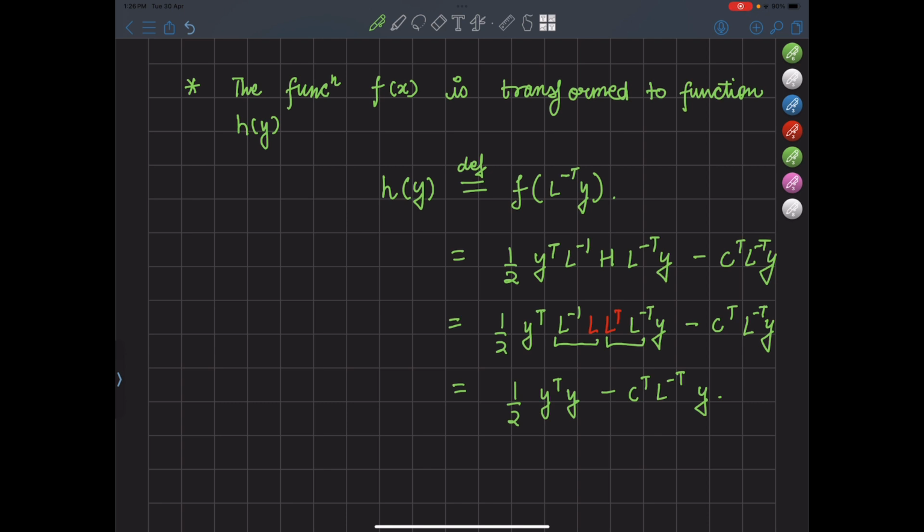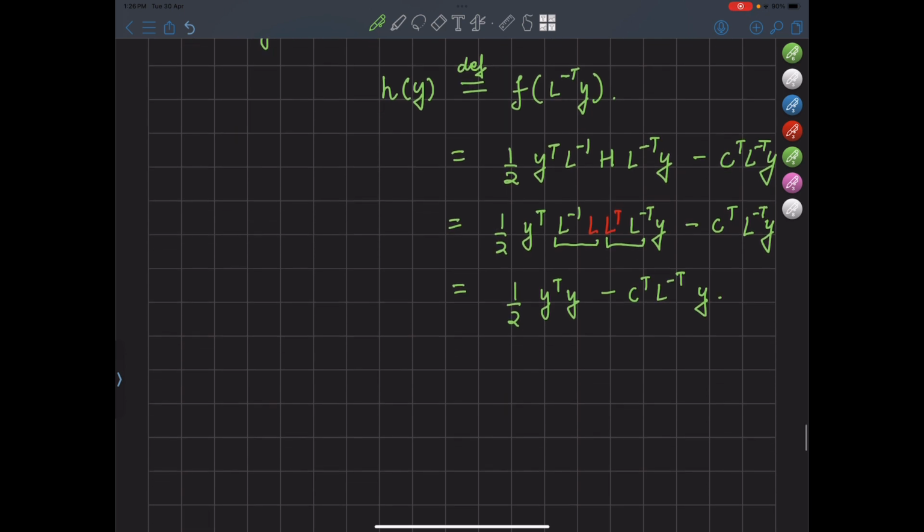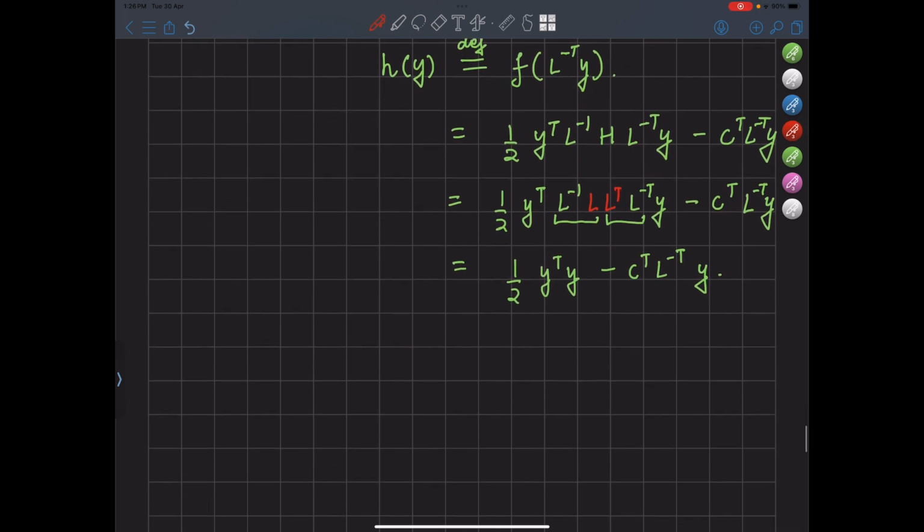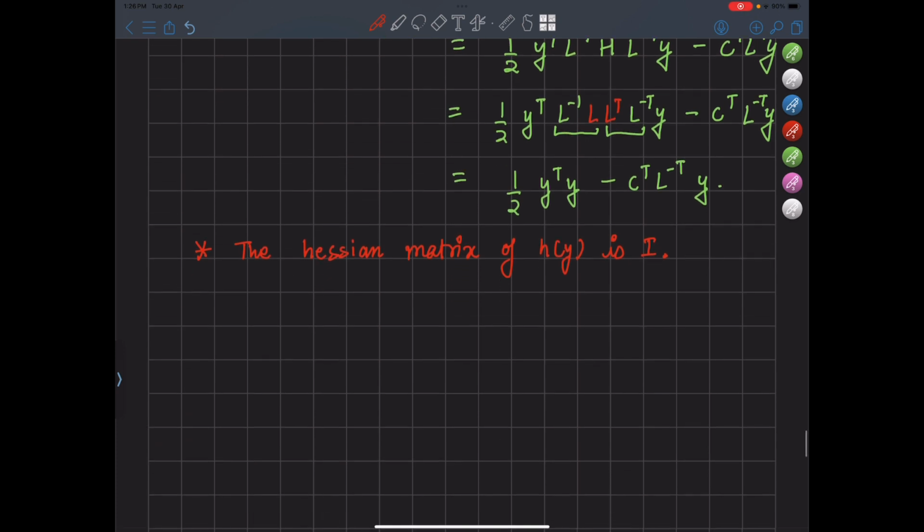Alright. We can see two things here. First, the Hessian matrix of h(y) is identity. And the second, it's identity.